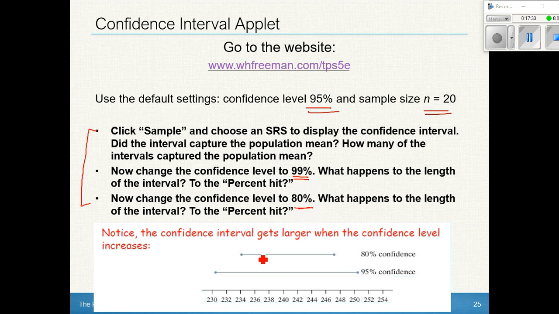What I want you to notice is that the confidence interval gets larger when the confidence level increases. And that makes sense if you think about it. If I have my sample mean and I say I want to capture it 95% of the time, that's going to cover 95% of my curve, which is more than 80% of my curve, which is a smaller proportion.